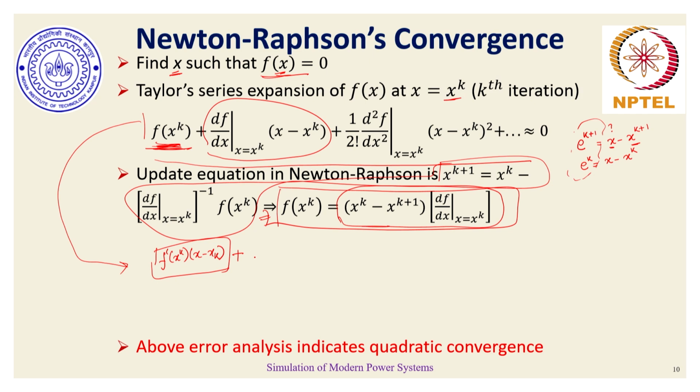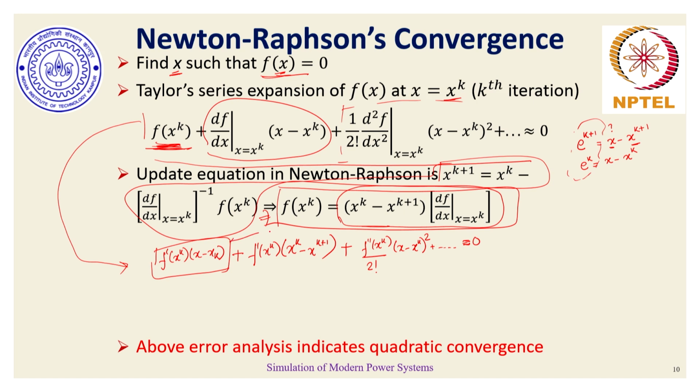Here I have f prime xk multiplied by (xk minus x(k+1)), followed by the other higher order terms, which is f double prime xk divided by 2 factorial into (x minus xk) square, followed by other terms, and this is close to 0 as per the Taylor series expansion.